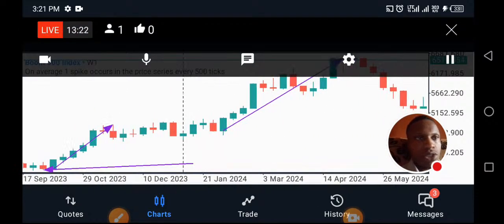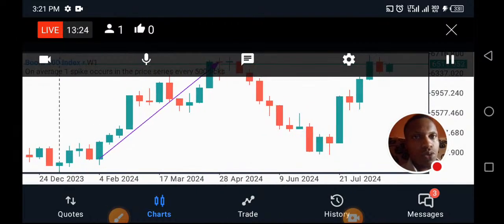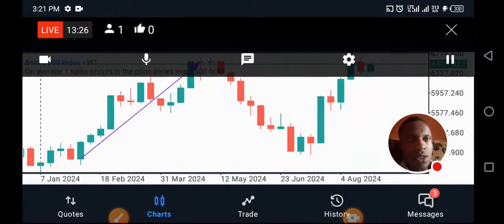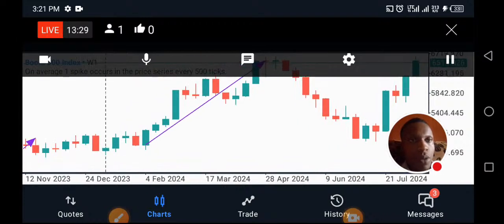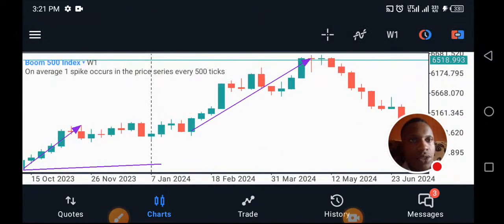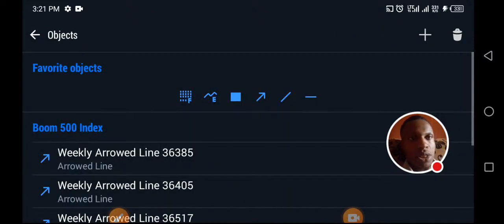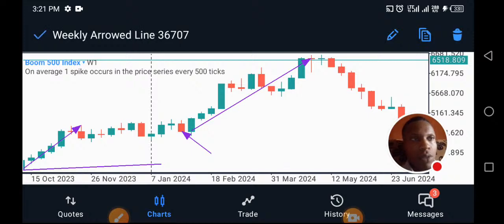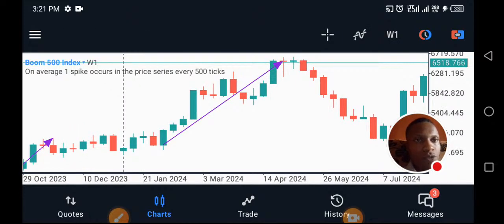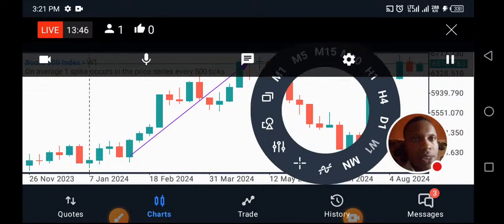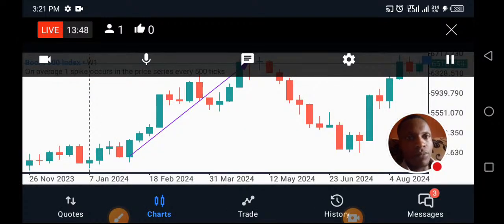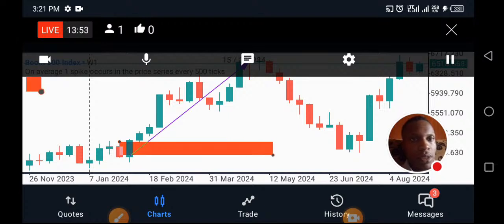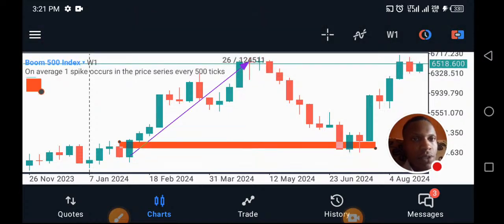Before we take a trade in the market, we always want to wait for price to get back to our order block before we take an entry. If you look closely, you will notice that this was our very bullish order block here. So what we want to do now is to mark our zone and wait for price to come back to that level there.